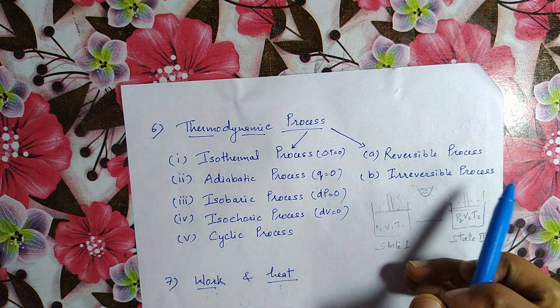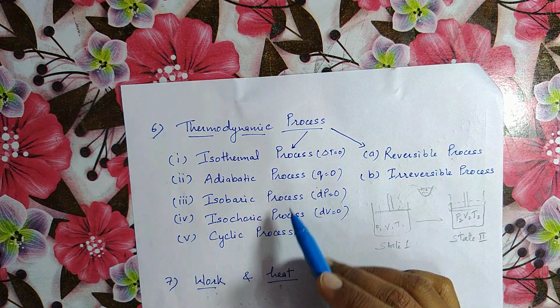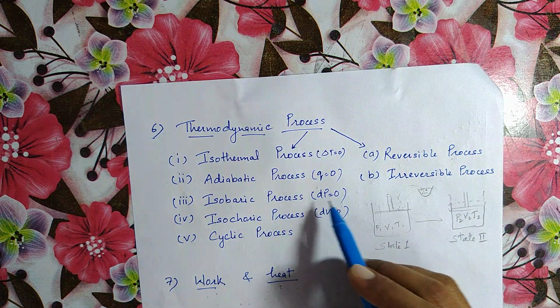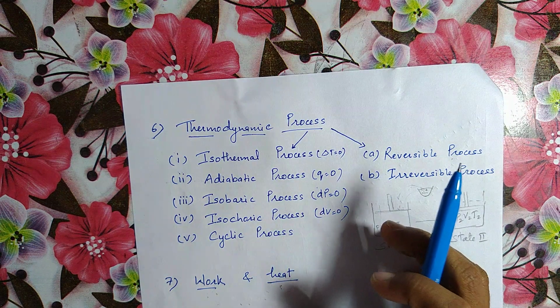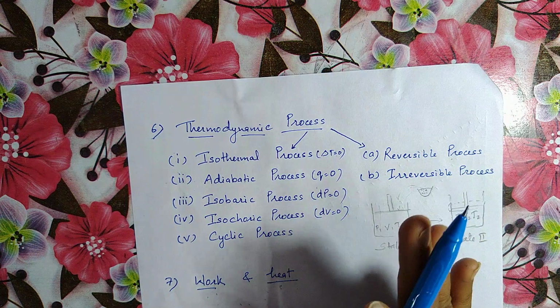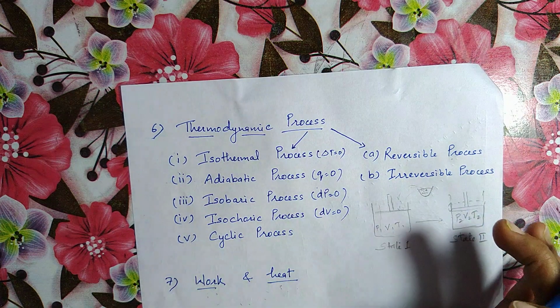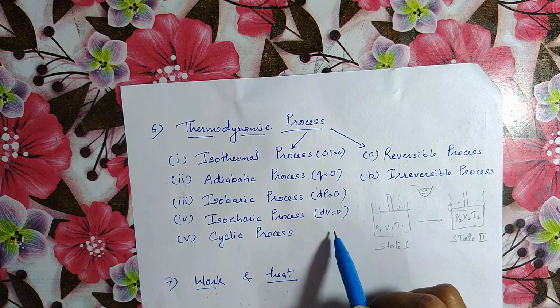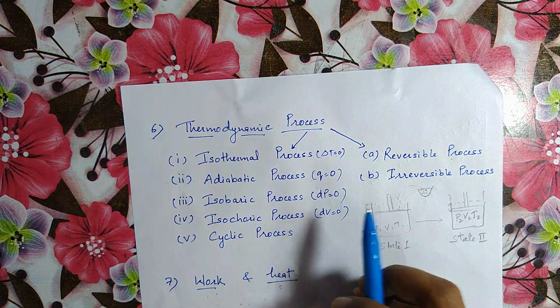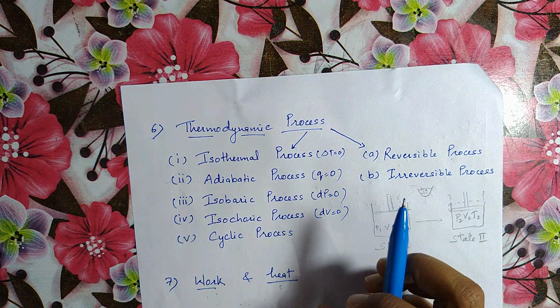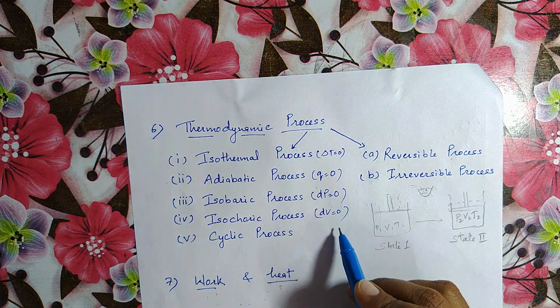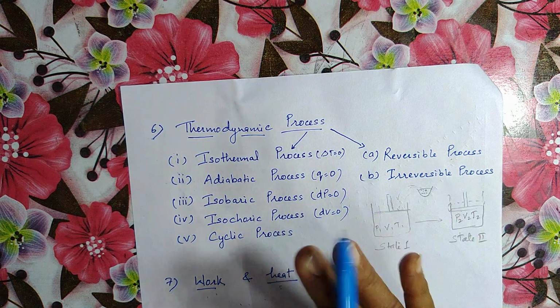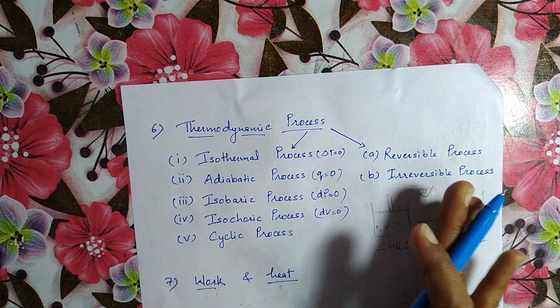Then isobaric process. These are the processes in which pressure of the system remains constant during the process. Then isochoric process. These are the processes in which change in volume is 0, that is, volume remains constant during the process.